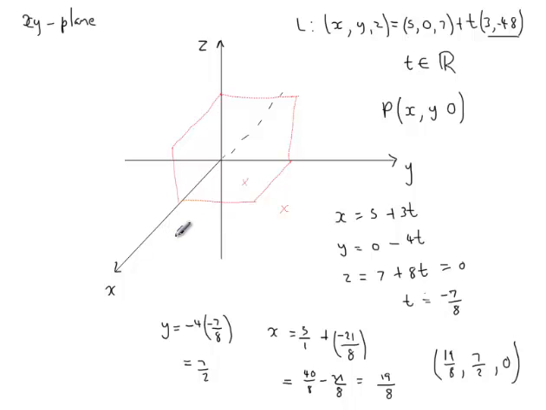Look at what I'm doing there. Let's take a vector which is 3, minus 4 and 0.